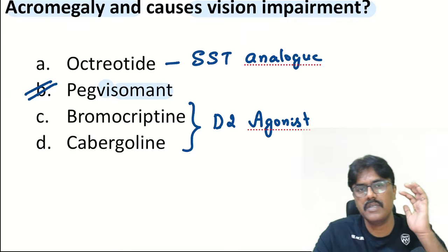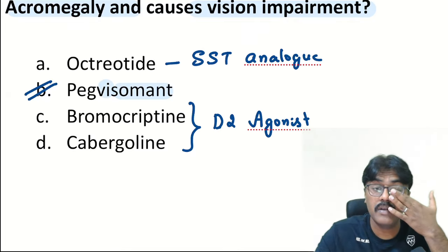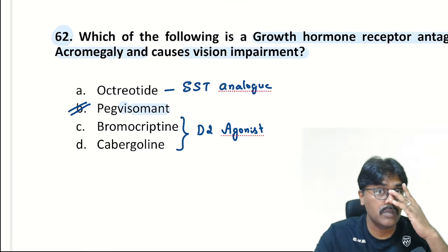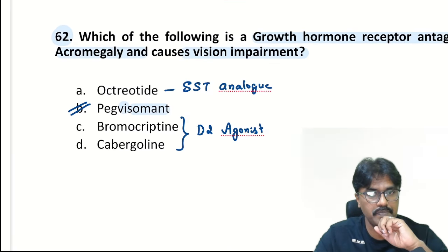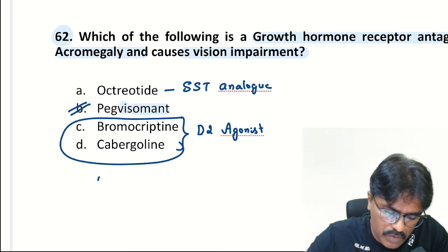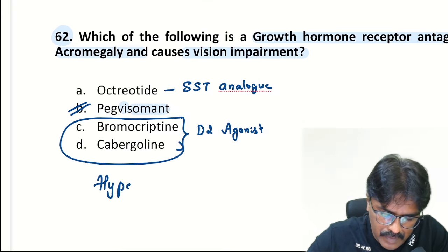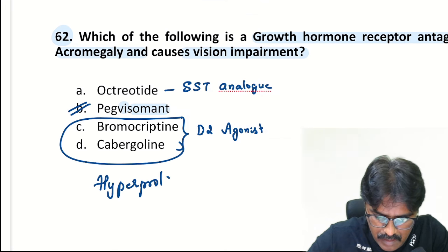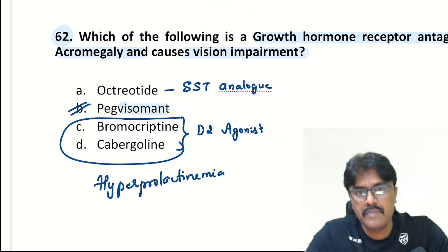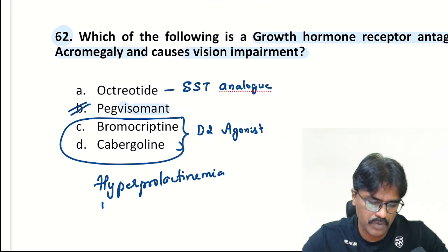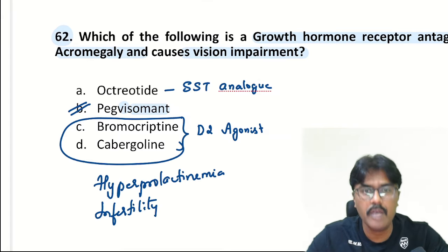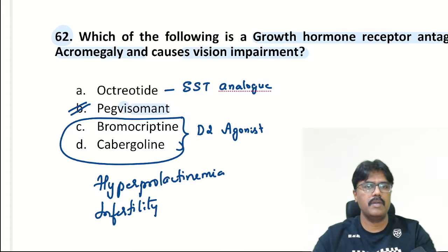So all the options are used in acromegaly, but the answer is pegvisomant, because they are asking which is the growth hormone receptor antagonist. Bromocriptine and cabergoline are also used for hyperprolactinemia conditions, and also used for infertility cases. Infertility due to hyperprolactinemia, there we use bromocriptine and cabergoline.